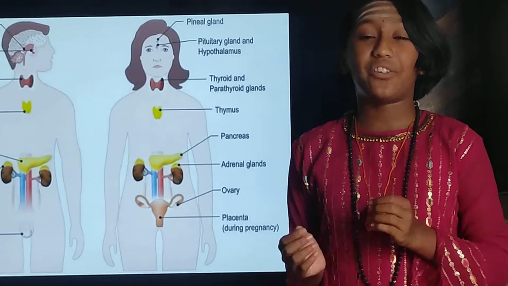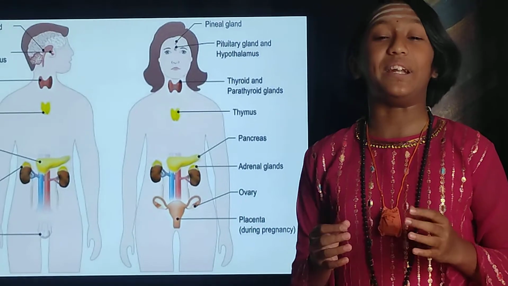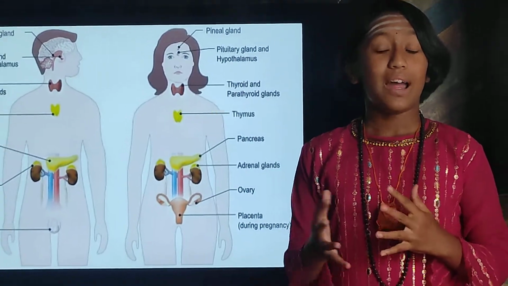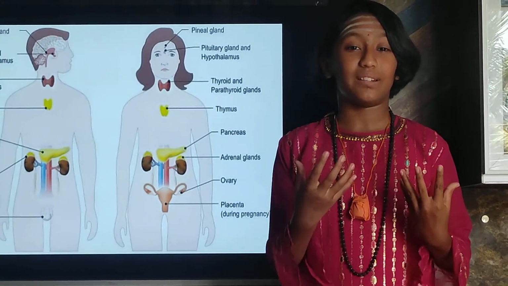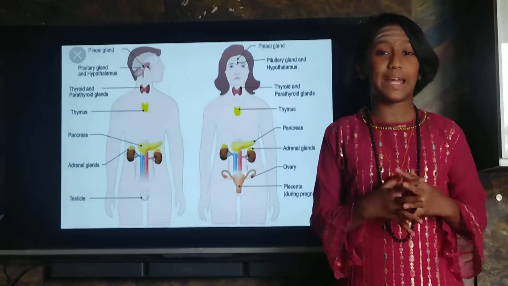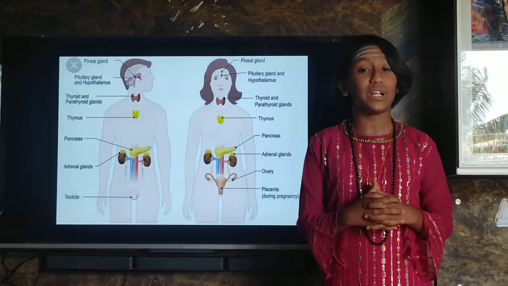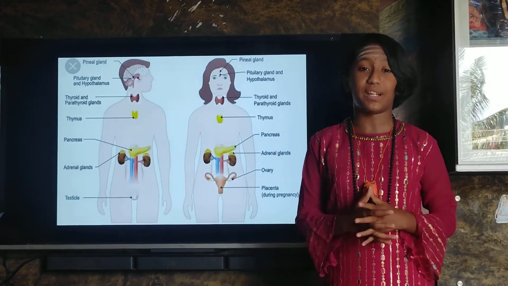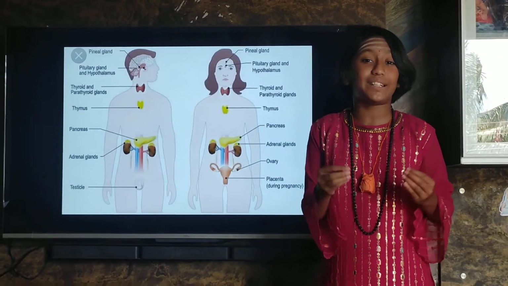The thyroid gland secretes a hormone called thyroxine, and if it is secreted more, a person experiences overactiveness, and if it is secreted less, a person experiences a decrease of energy and feels sluggish and tired.